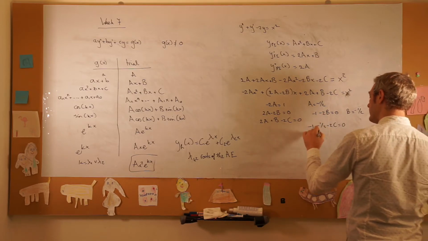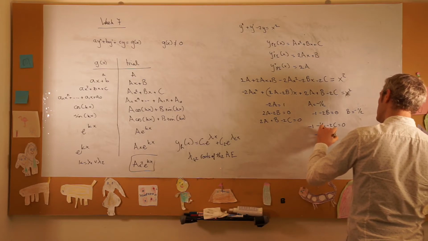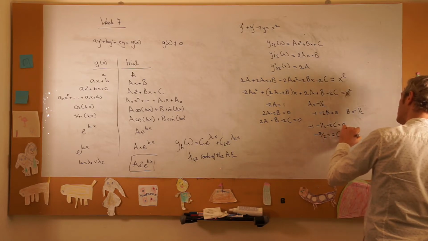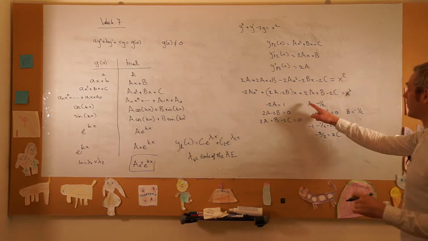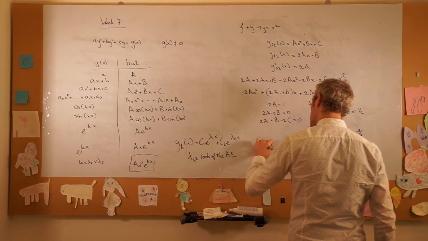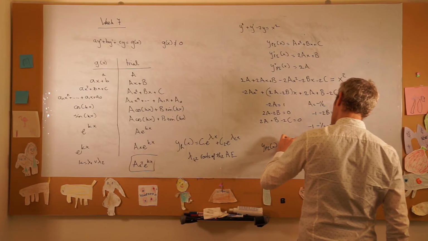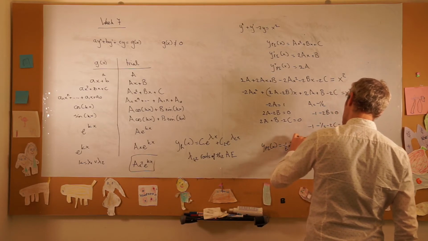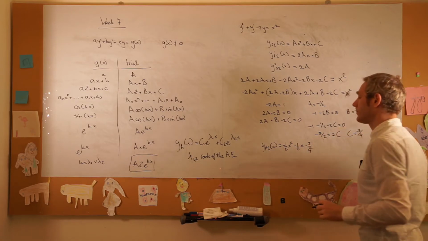We find that minus 3 over 2 is equal to 2c, and we find c is equal to minus 3 over 4. So we found our coefficients, and we find that the particular integral is then equal to minus 1/2 x squared minus 1/2 x minus 3 over 4.